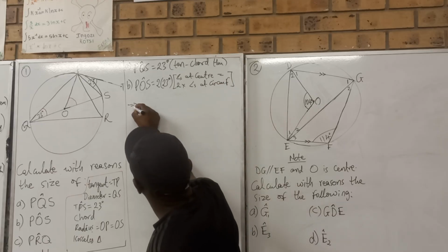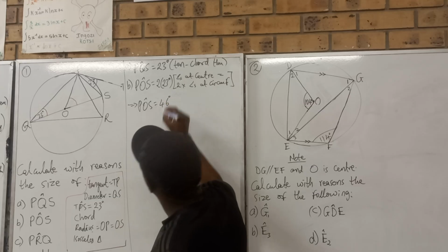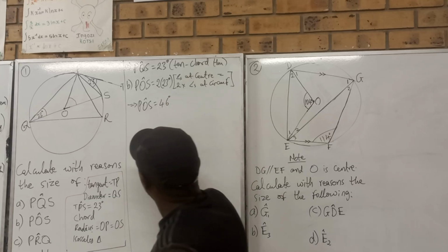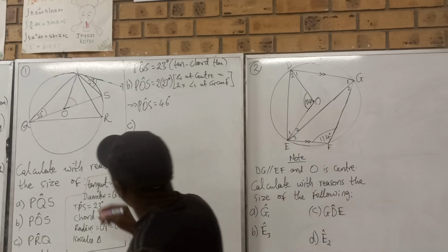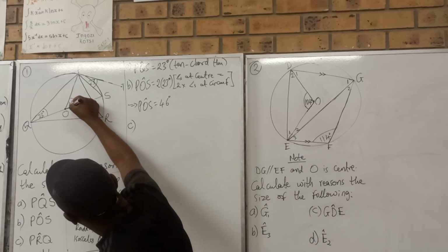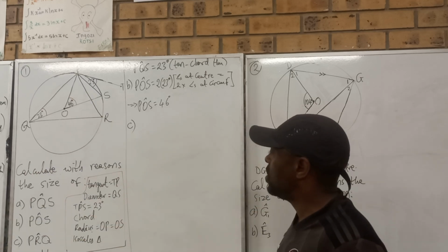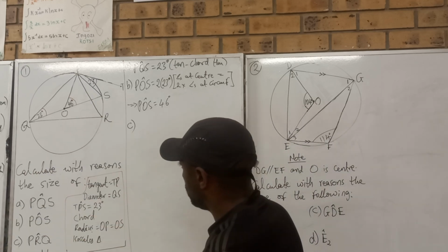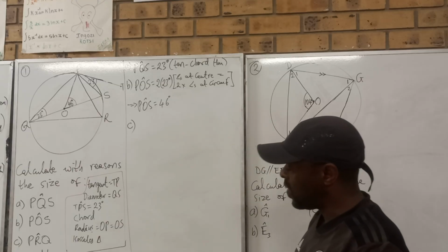So POS is equal to 46. We are free to go to our diagram and put our 46 so that it can help us get the next angle. This is the little technique that, if you master it, solving theorems of geometry can be very easy for you.